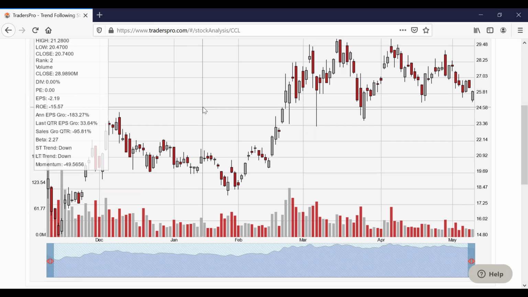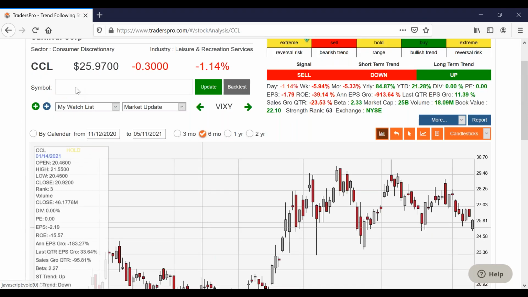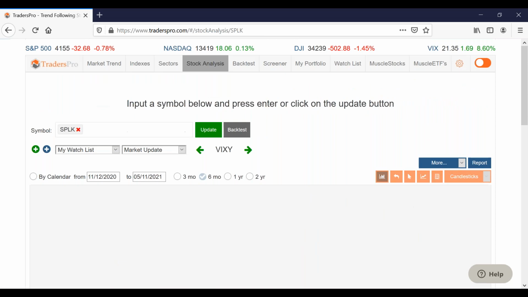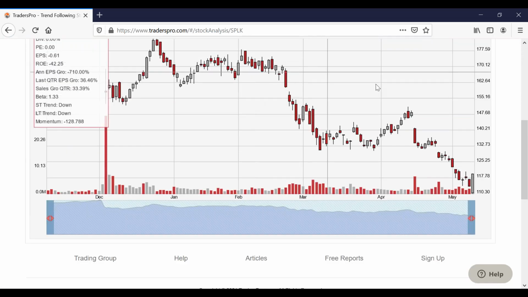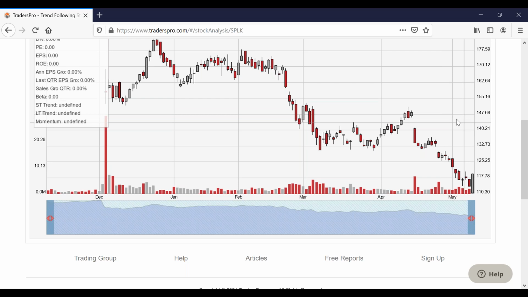Let's look at a bullish one. There's a really nice one on Splunk right now. SPLK. Okay. At least last time I checked. Hopefully it hasn't changed. There we go. You can see, on a bullish one, it's going to be the opposite. You want to see a downward move.